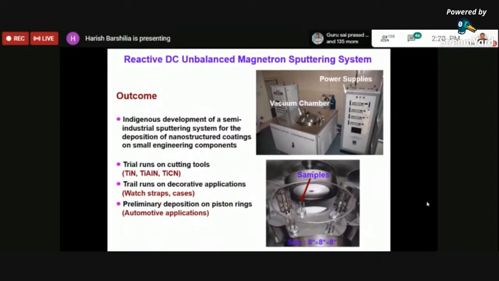So this is another sputtering system wherein you can see the cutting tools like drill bits shown in the bottom right photograph, and then there is a planetary rotation which will allow you to get a very uniform coating even on complex shaped materials.